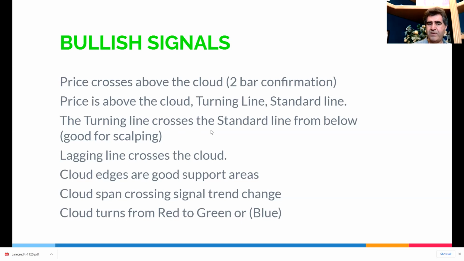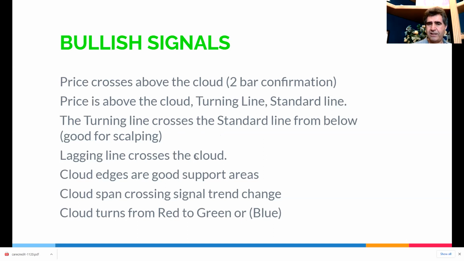Or when the turning line, this faster line, crosses the standard line from the lower part and crosses above, it's almost like a golden cross and tells you there's strength. Again, this is good for scalping; I find that in the short term it works well.